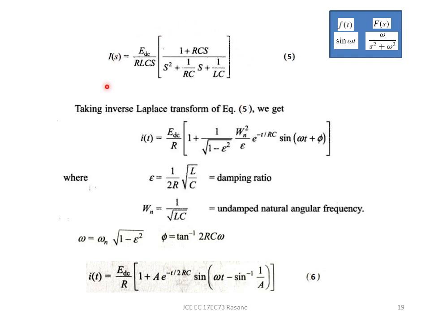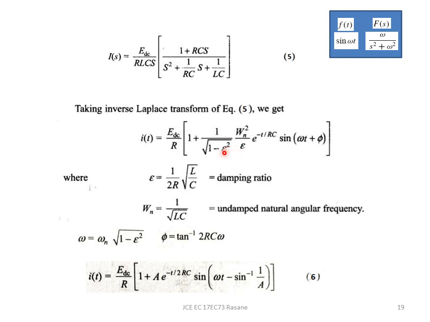So if I take a Laplace inverse transform, that is going from the S domain to the time domain, this equation will come in the form of a sine. Okay, so it has been represented as I of t equal to EDC upon R. R has been taken out, LC has been taken inside, and we will try to put it in the form of omega upon S squared plus omega squared, and I will be getting an equation of this form.